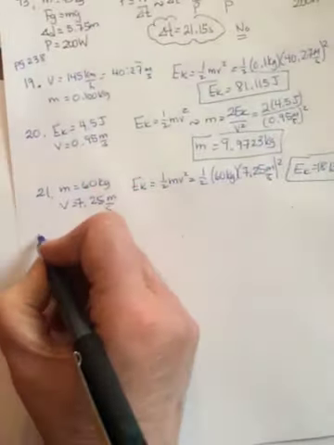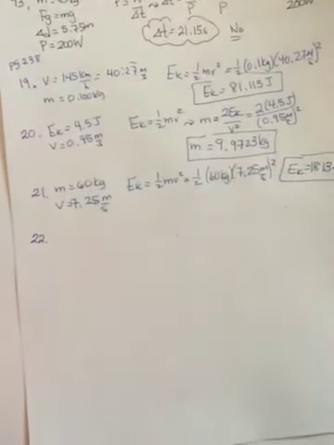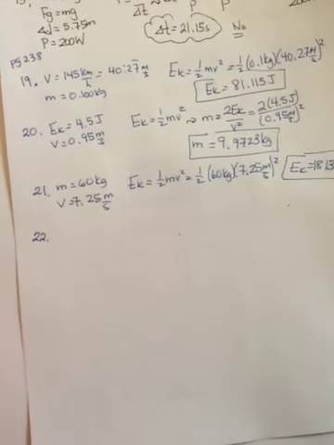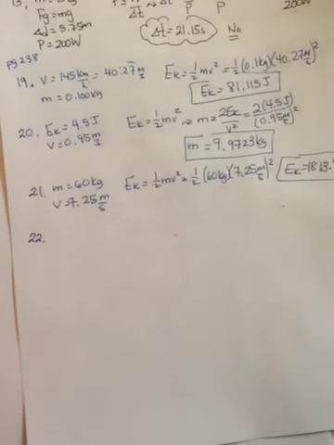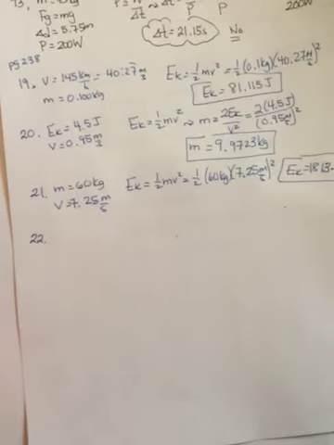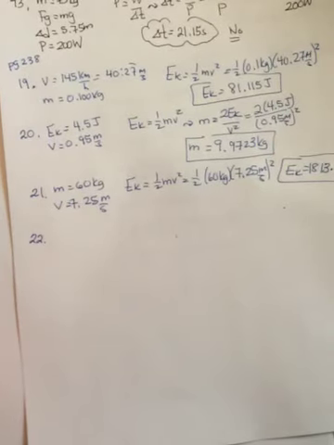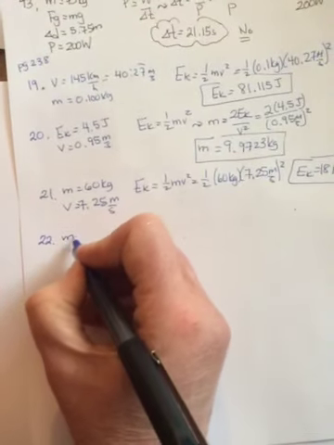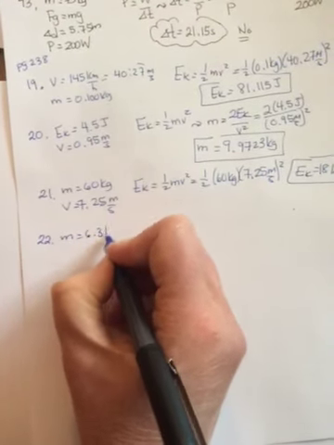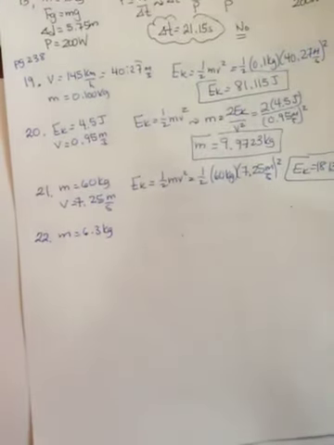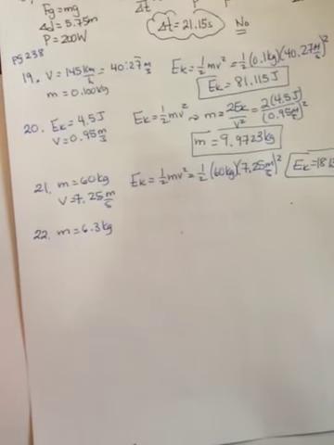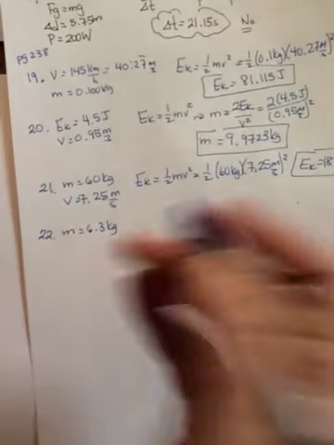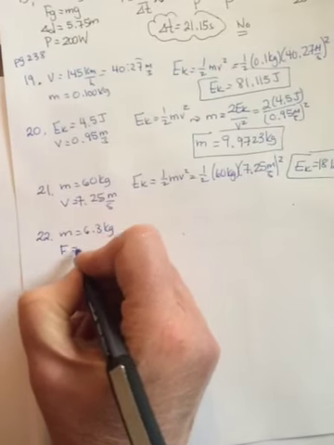Now you're going to flip the page over to 245, and these are still kinetic energy questions on 245. Number 22 says a 6.3 kilogram rock is pushed horizontally across a 20-meter frozen pond with a force of 30 newtons. So the F is 30 newtons.